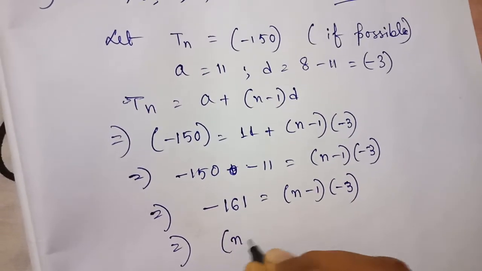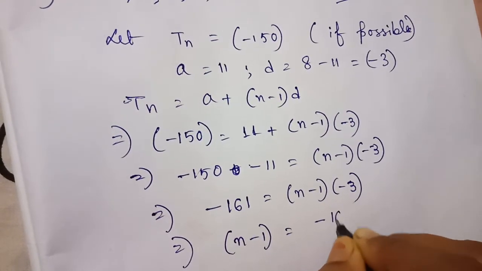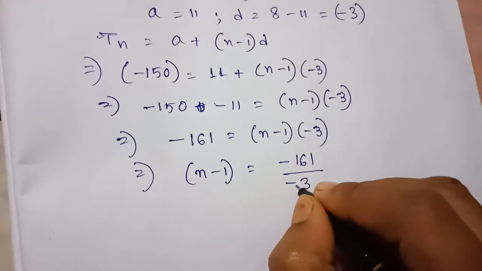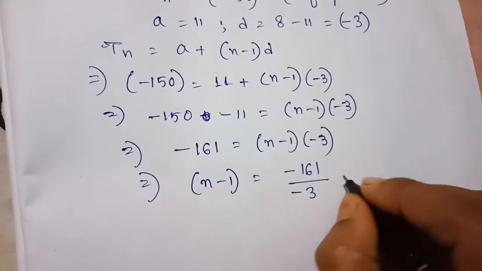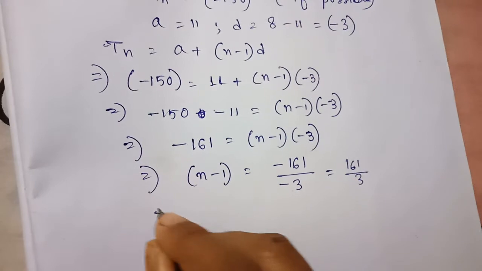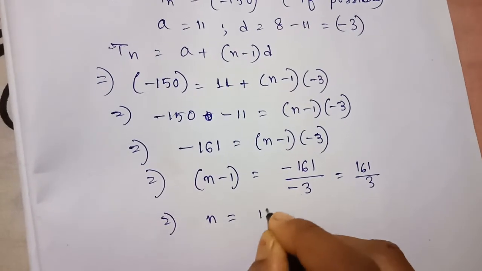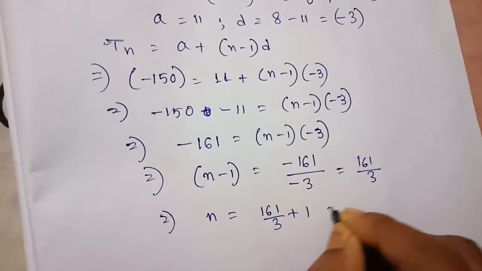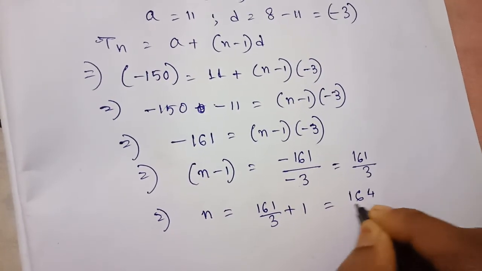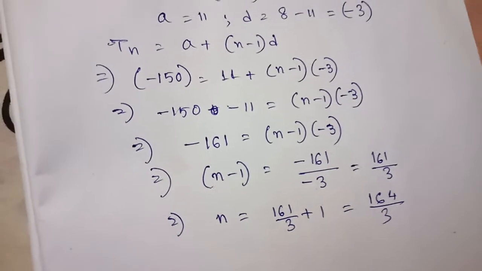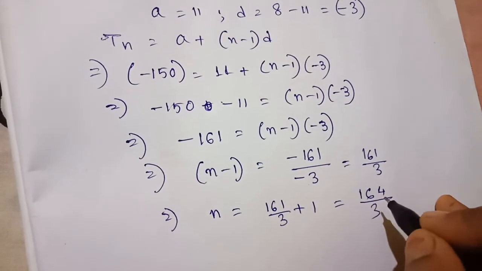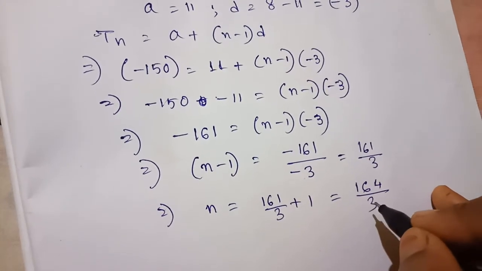Then we can find out n minus 1 is equals to minus 161 divided by minus 3, and if we are cancelling negative signs, then we are getting 161 divided by 3, and then n is equals to 161 divided by 3 plus 1. It's actually becoming 164 divided by 3. Now we will check whether 164 is properly divisible by 3 or not.